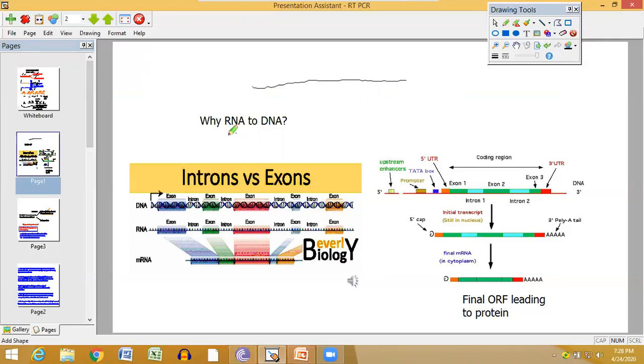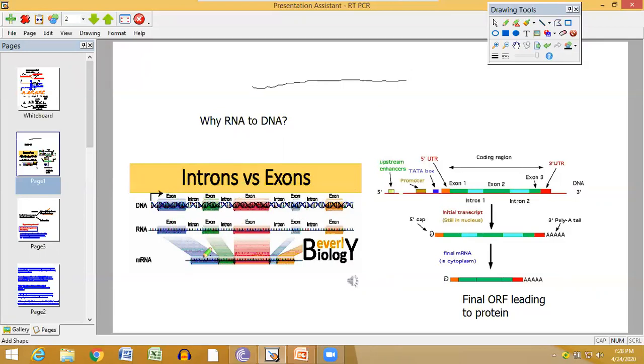But when you come to eukaryotic DNA, two things are interspersed in the DNA alternately. One is called exon and one is called intron. Exon and intron together form a DNA sequence in eukaryotic cells. But we know that exons are the coding sequences, whereas introns are the non-coding sequences. So RNA is first formed from DNA, just like this.